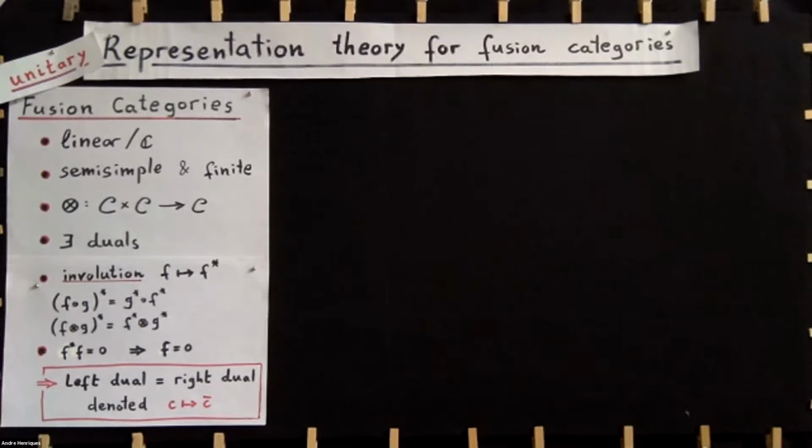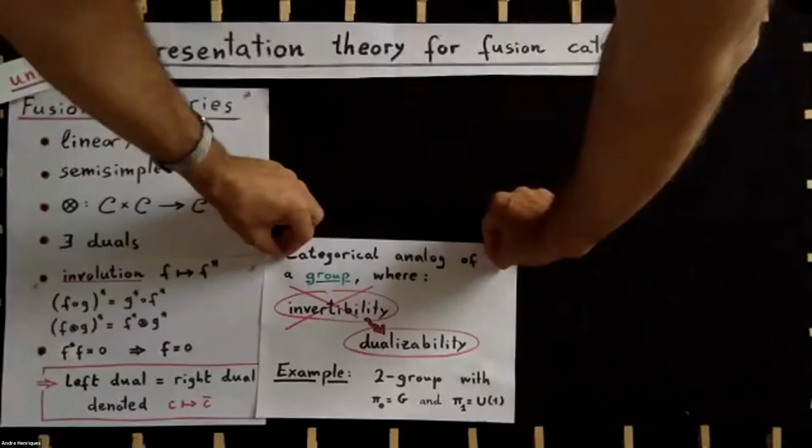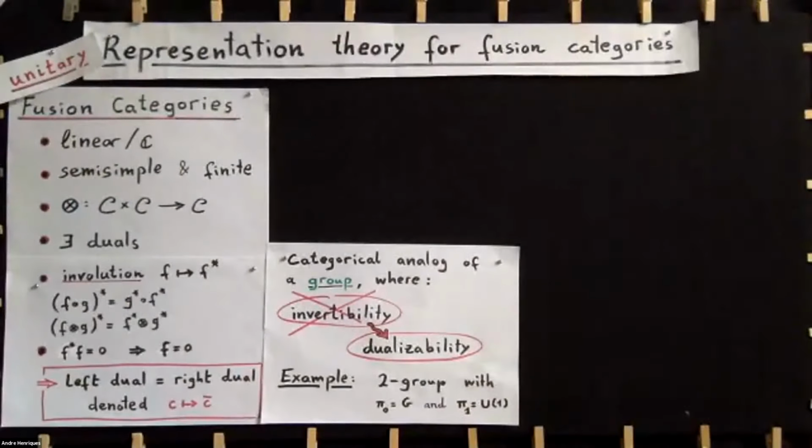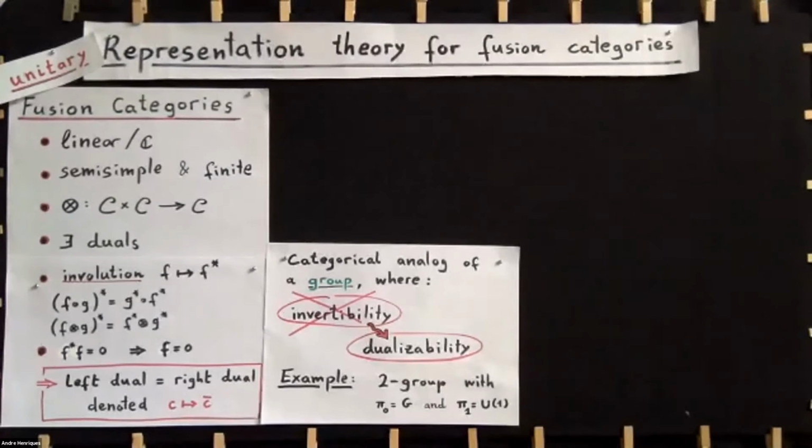Now, I want to think of fusion categories as being analogues of groups where the requirement of invertibility has been weakened and has been replaced by dualisability. Of course, you can ask, what happens if I do have invertibility?